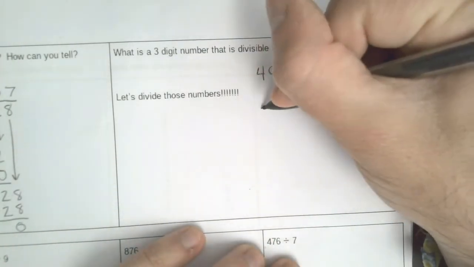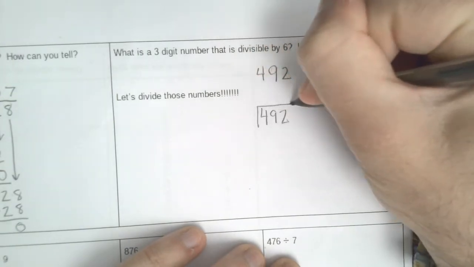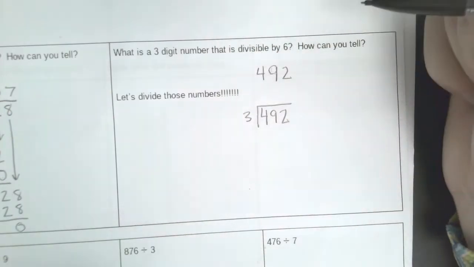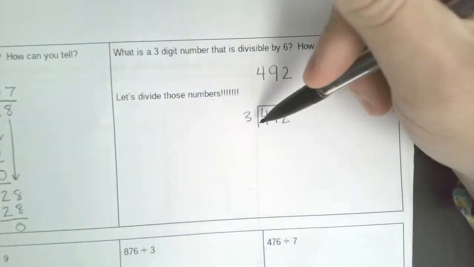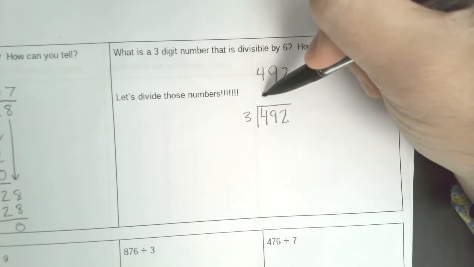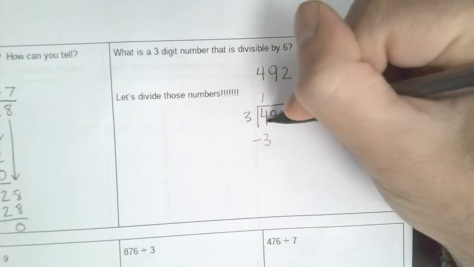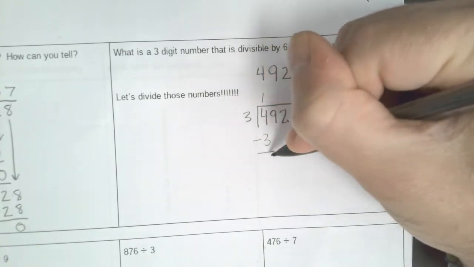So we're going to divide 492 in the dividend den. That's the number we're dividing up. Divide by 3. All right, let's do this. 3 goes into 4 one time. Then we multiply. 1 times 3 is 3. 4 minus 3 is 1.